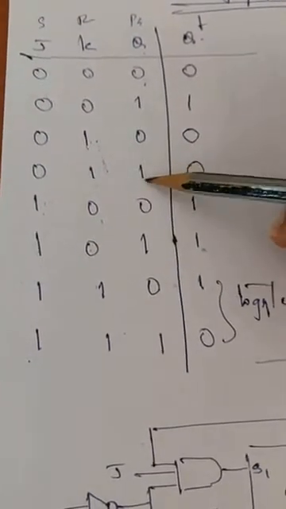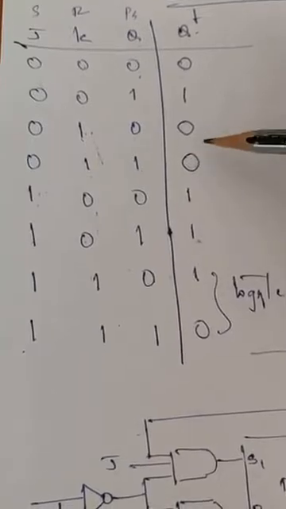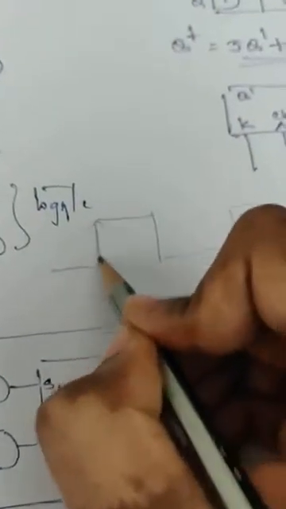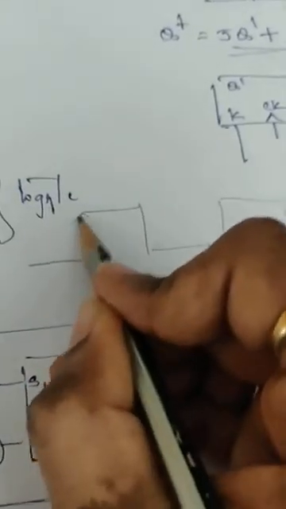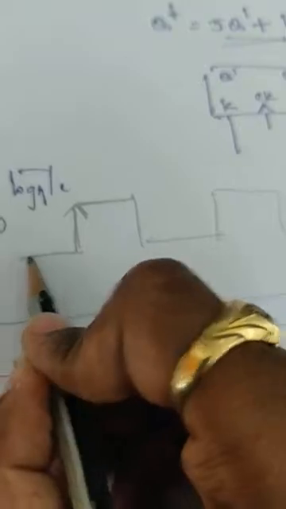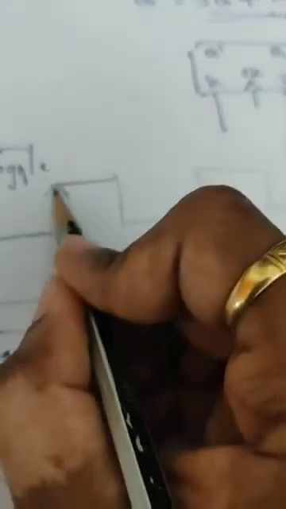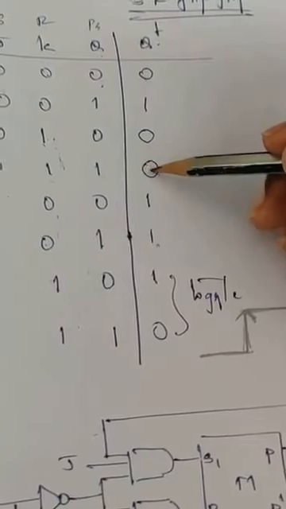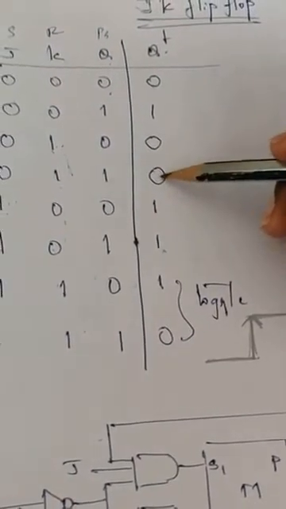This change will happen only during the positive edge, when the clock changes from 0 to 1. During this interval of time, the Q output will change.